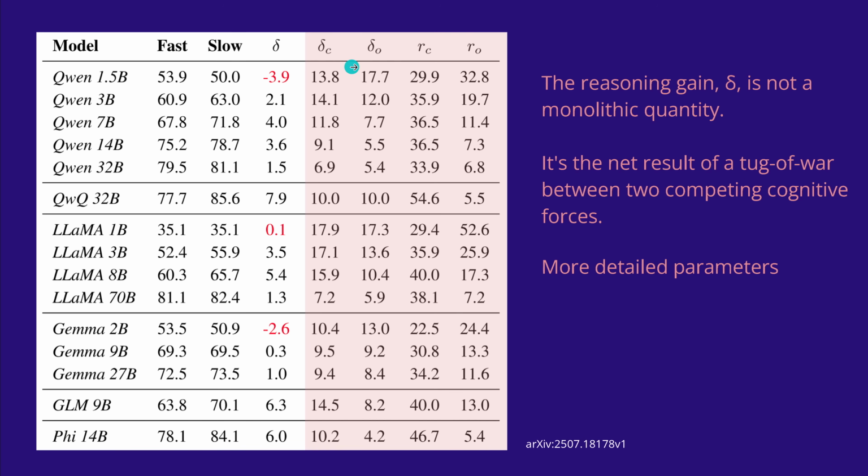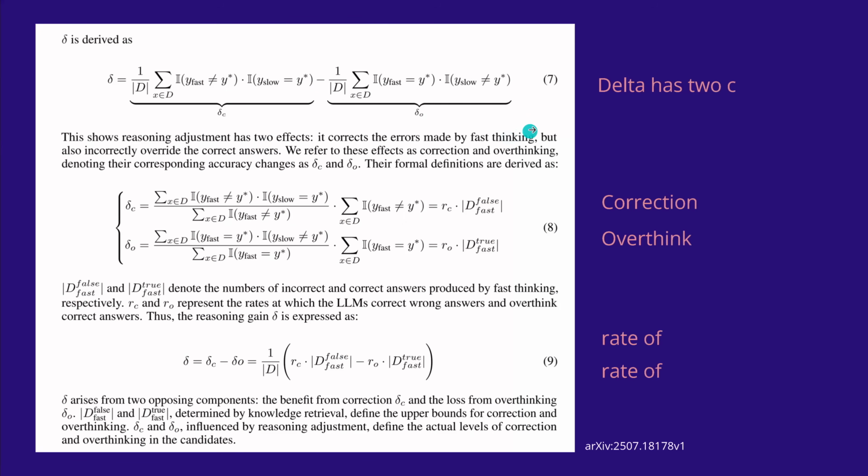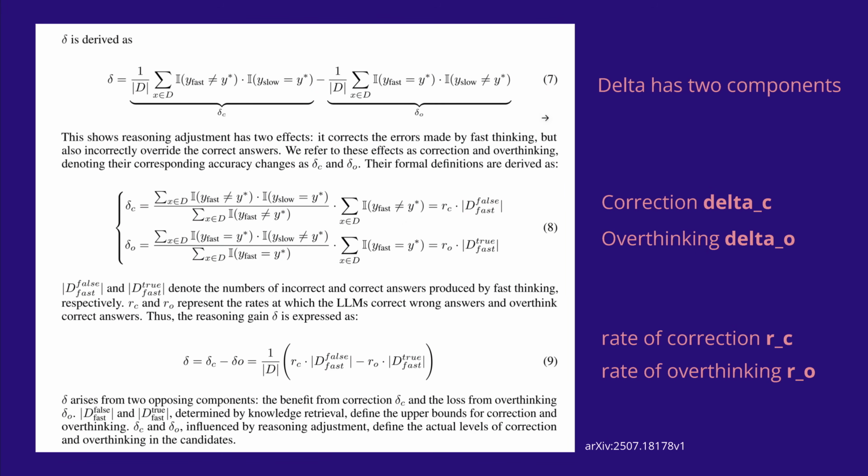We have a delta C and a delta O, a delta correction and a delta overthinking. And then we have a normalized rate. So let's have a look here at the mathematical formulas just for a second. So the delta, without going into any details, has here a delta C, a delta correction, and a second term, a delta overthinking.